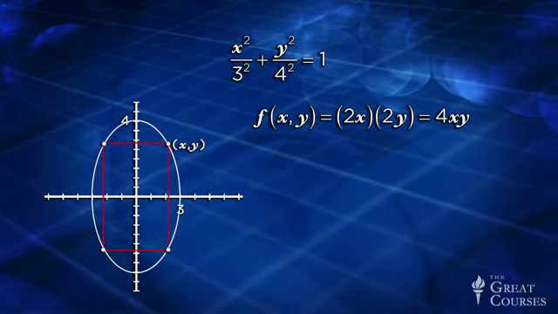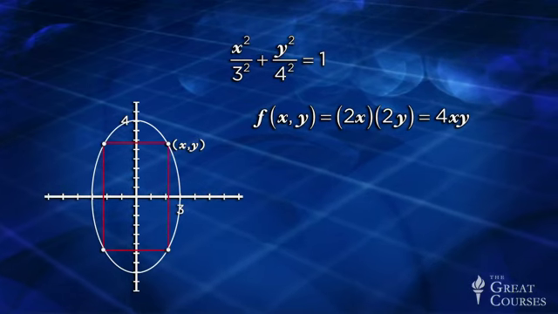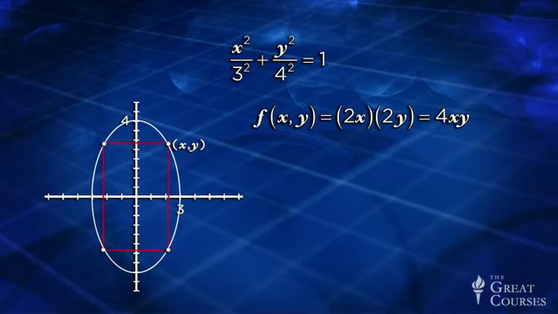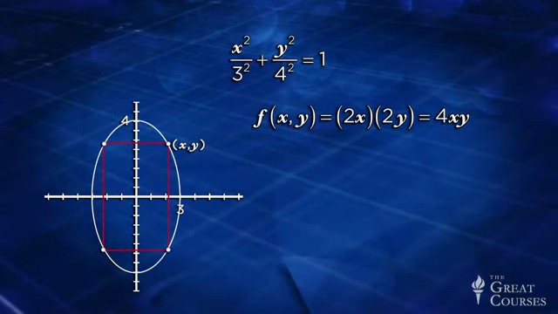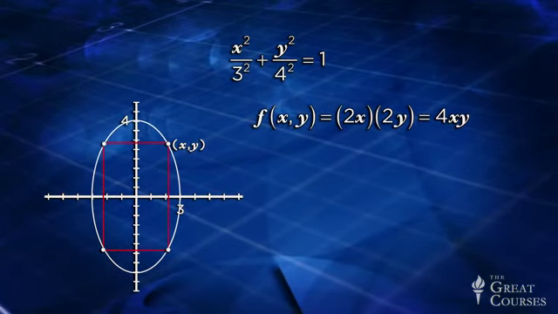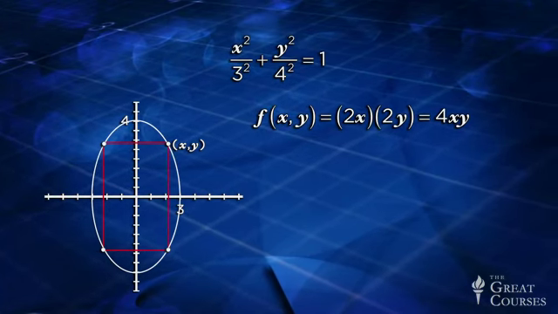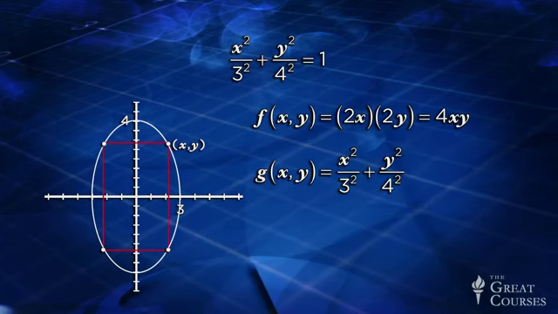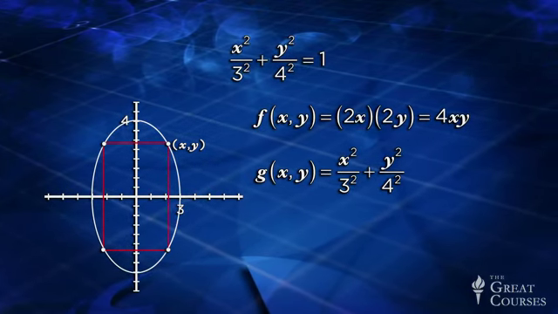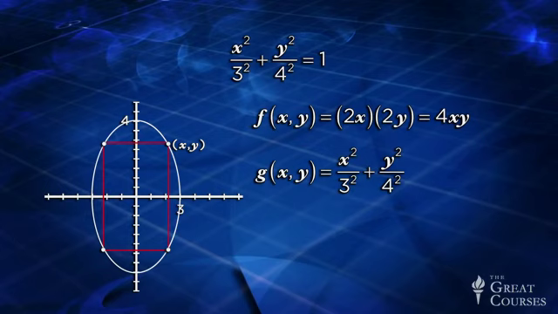We want to maximize that. But there's a constraint. The point (x, y) has to be on the ellipse. So that's the side condition that Lagrange multipliers takes into account. So I'm going to look at that constraint in the following way. Let g of (x, y) be x squared over 3 squared plus y squared over 4 squared.